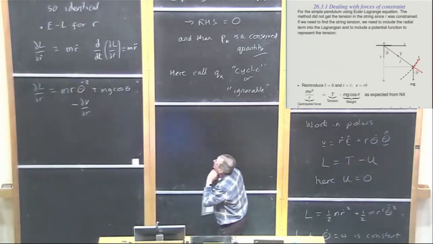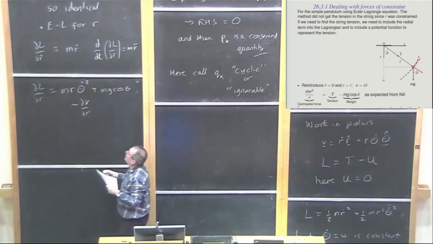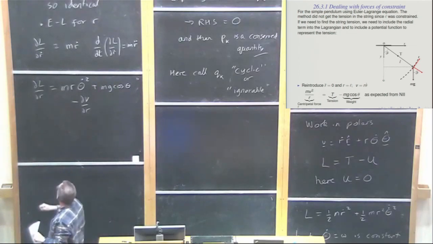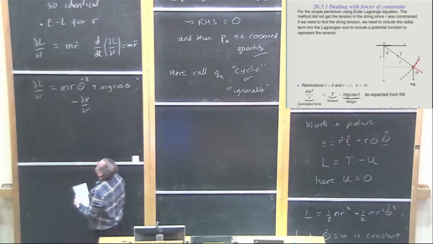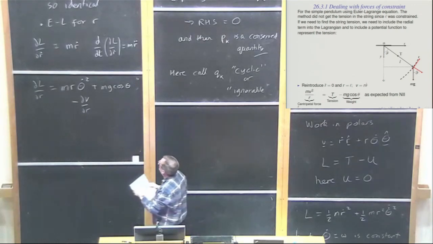Now, one of the reasons we embarked on this was because I said that we should at least try and find out the tension. So the tension is clearly related to the differential of this potential.